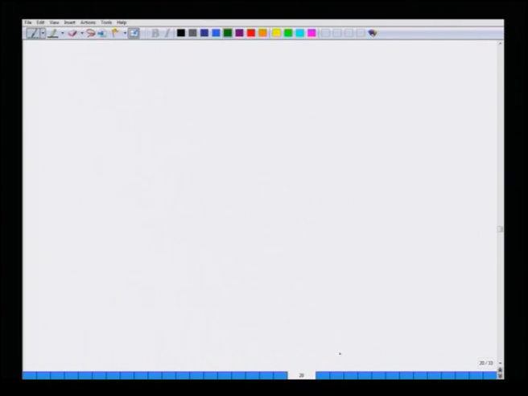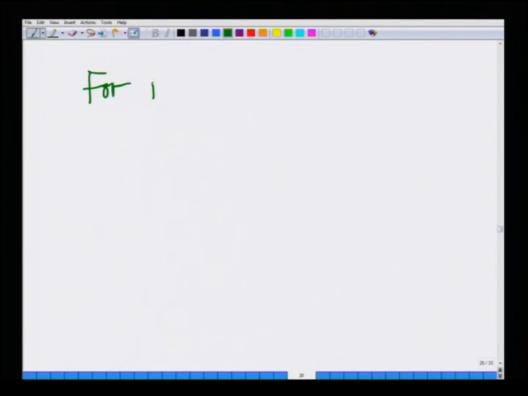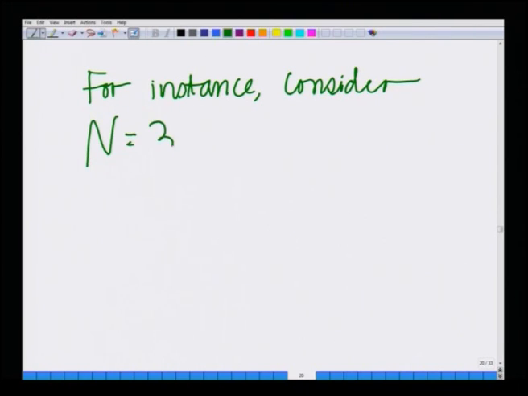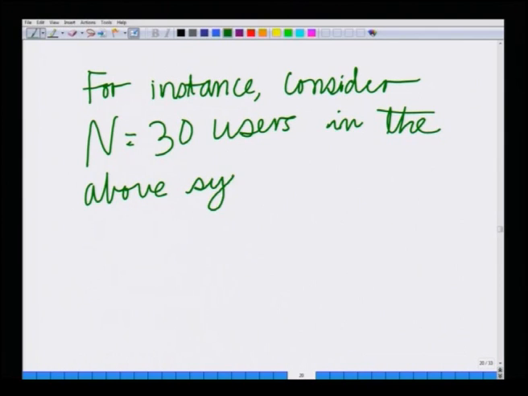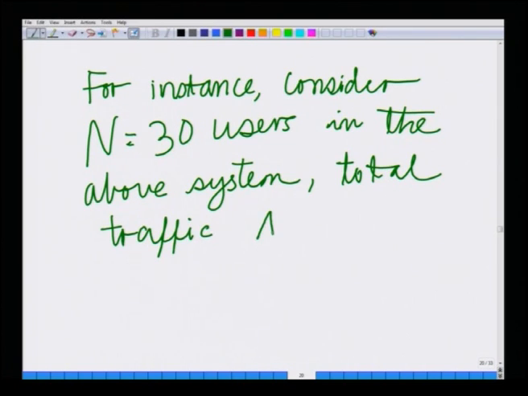Okay. Now, to look at an example, for instance, consider n equals 30 users in the above system. The total traffic A equals 30 A naught.